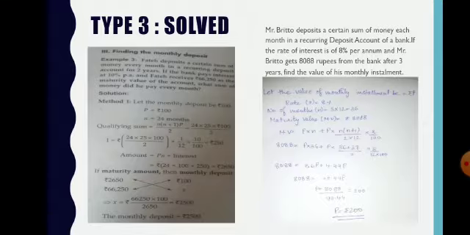Then that is interest. Then amount is principal plus interest, that formula they have used. So principal will be 24 into 100, because 24 months and 100 rupees per month. That is why we multiply P into N, plus the interest we arrived at in the previous step. So that comes to 26,250.